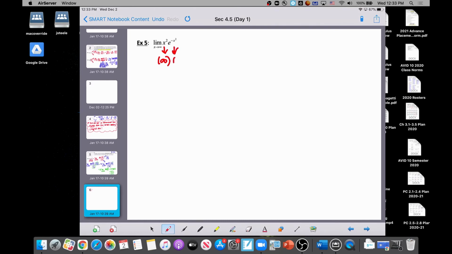So this term is 0. Okay? So once again, I'm going to try to write this as a quotient instead of as a product. And this time, since the e term has a negative exponent, it's really easy to just move that one down to the bottom. So I'm going to rewrite this limit as the limit as x approaches infinity of x squared over e to the, and now it will be positive x squared because I moved it downstairs.